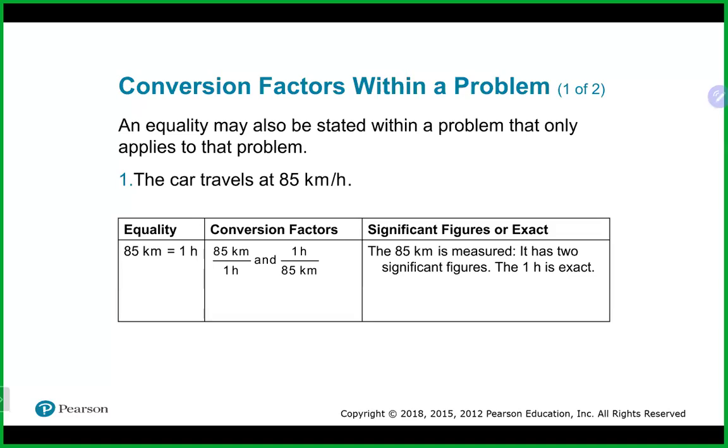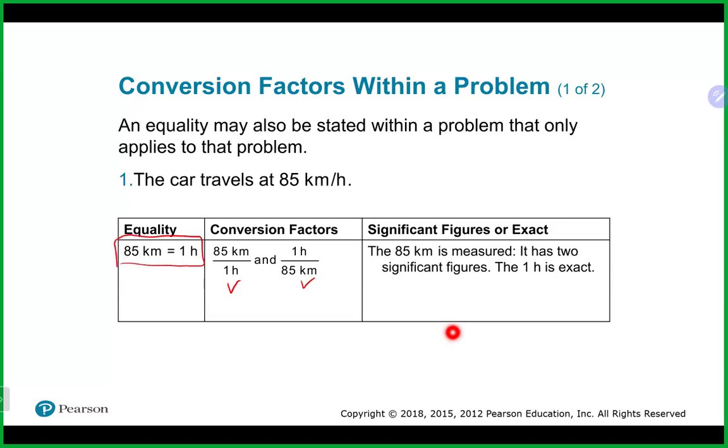Now, as I mentioned before, sometimes you are given some information in the actual problem that you would use as a conversion factor. So for example, here, a car traveling 85 kilometers per hour. What that means is you go 85 kilometers in 1 hour, which gives us one of our conversion factors. In 1 hour we go 85 kilometers, and this would be the equality here.